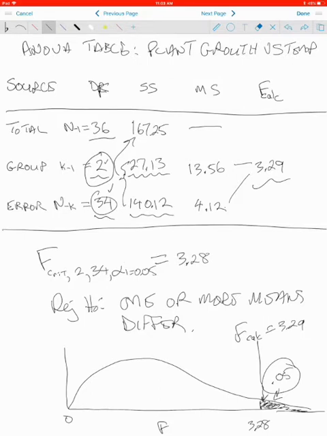Now let me just go on and talk about one other statistic that people often use when they conduct an analysis of variance. And in fact, if you do an ANOVA on SAS, you'll see reported something called the R-squared value, which is sometimes also called the coefficient of determination.